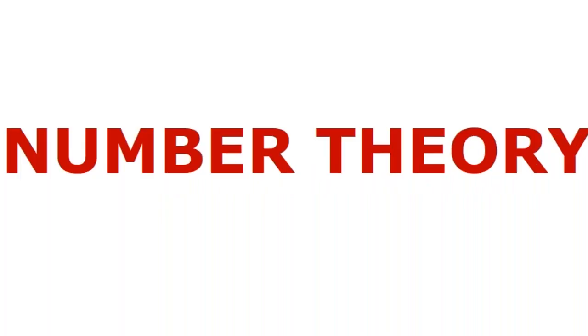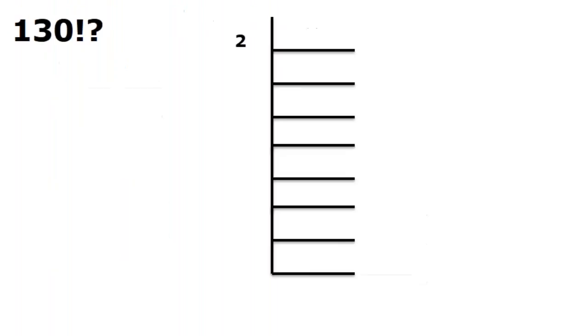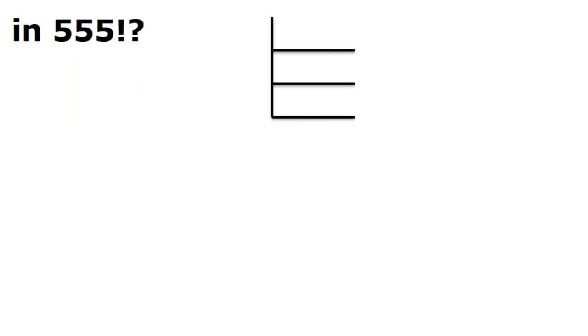For example, if I want to find the power of 2 in 5 factorial by using the division method, you can add all the quotients from bottom to the top except the given one. Hope all of you understood? Yes or no? Am I clear? So write down one more example.